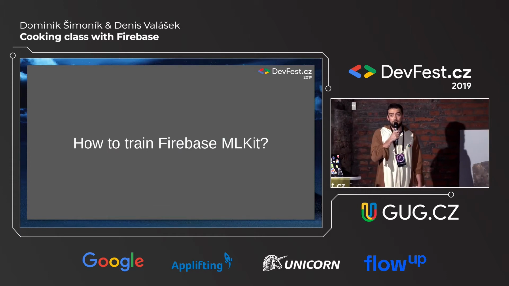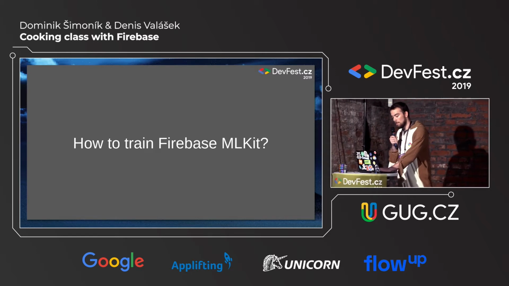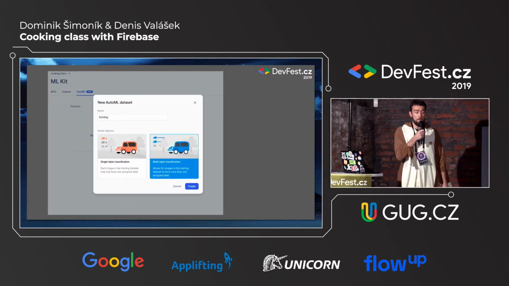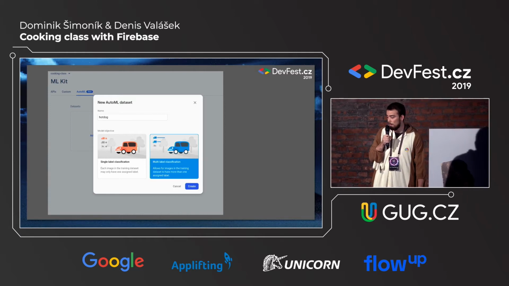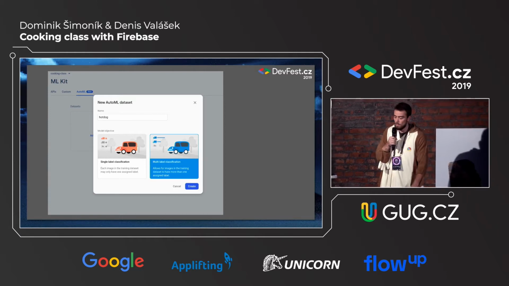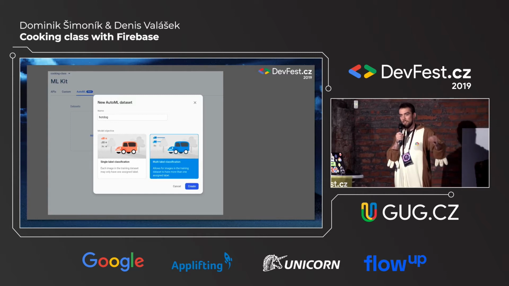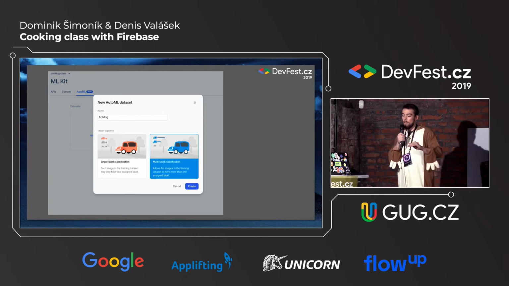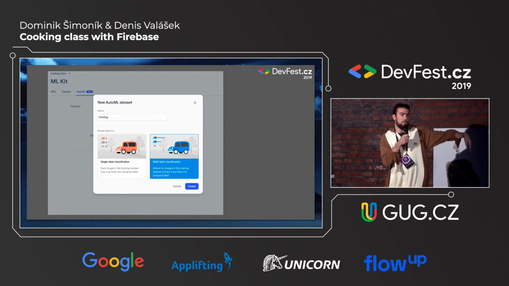How to train with Firebase ML Kit? That's easy, as I said. You open the Firebase console and you name your dataset. I named my dataset hot dog. You tell whether it's single-label detection or multi-label detection. In our example, it's multi-label detection, but I marked it as single, and just in the photo it's multi.